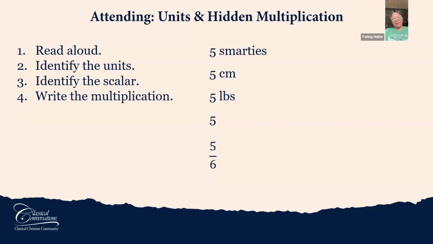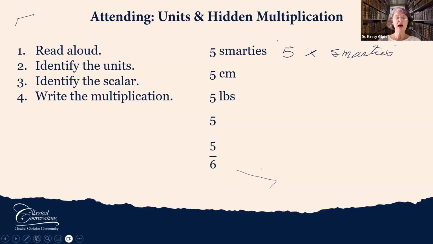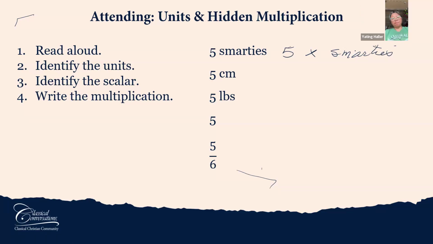Five Smarties, and the units will be Smarties. The scalar is 5. Okay, and how do we write out the multiplication of that? It's really just 5 times our unit. So we have 5 times Smarties.